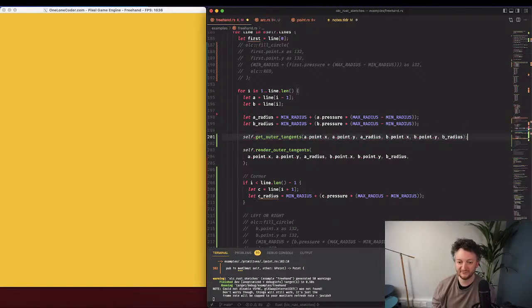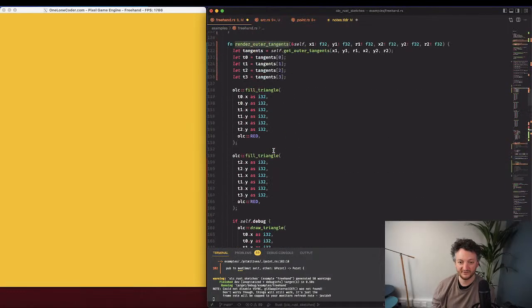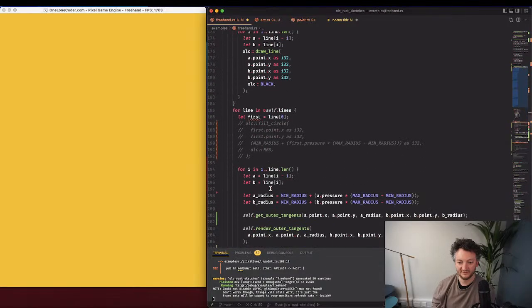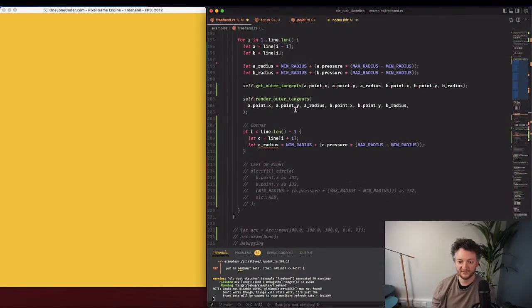Maybe I don't need to have this render outer tangents at all. I can just do it like this. So first I'm going to, or I just, damn.